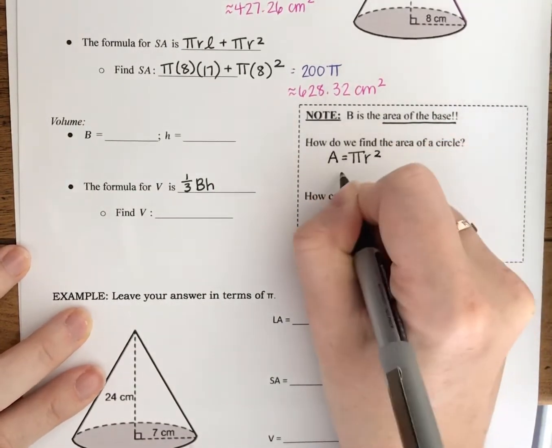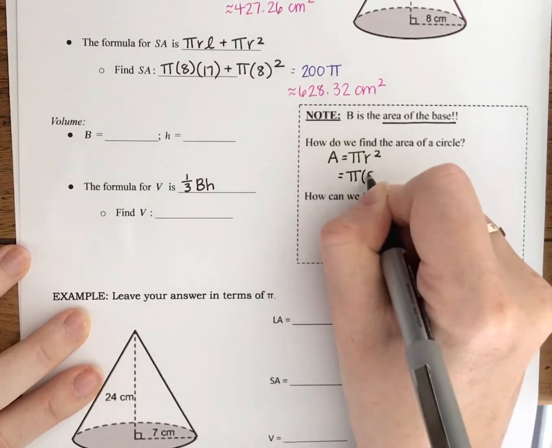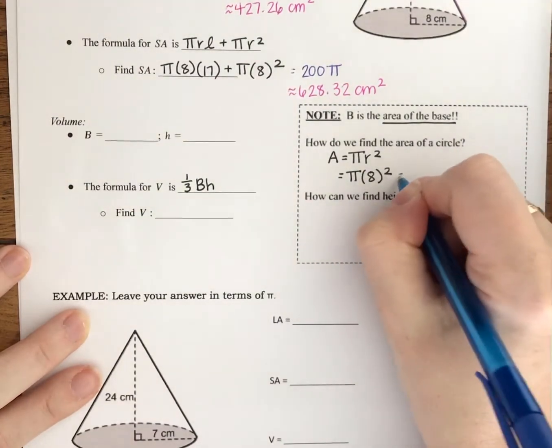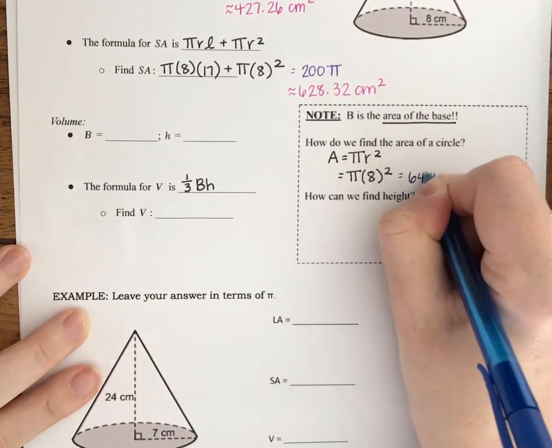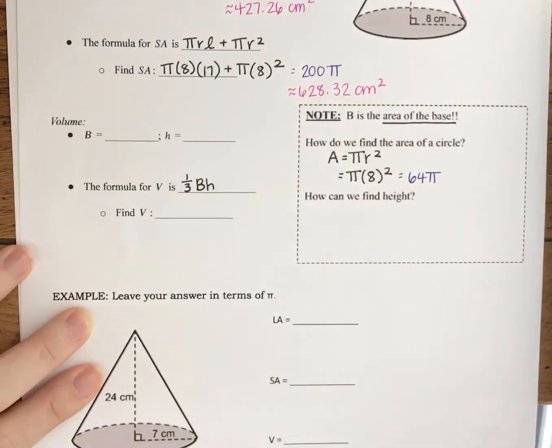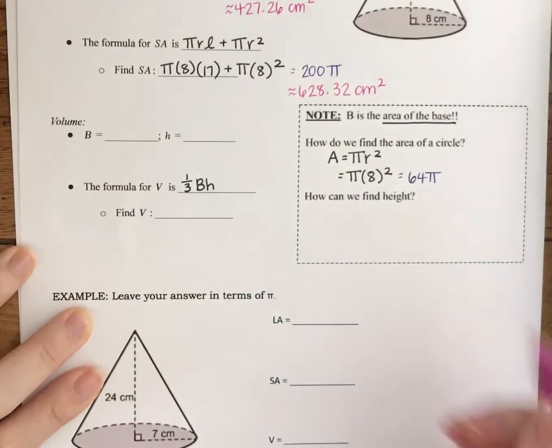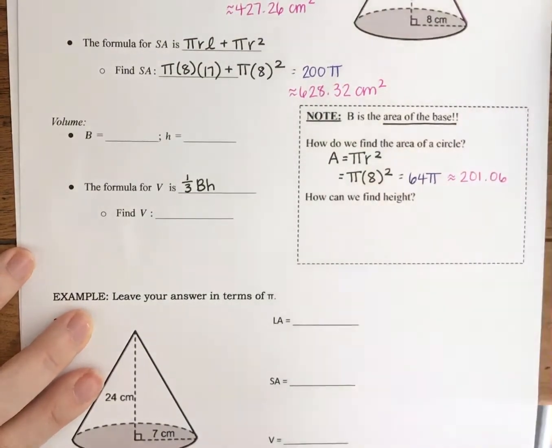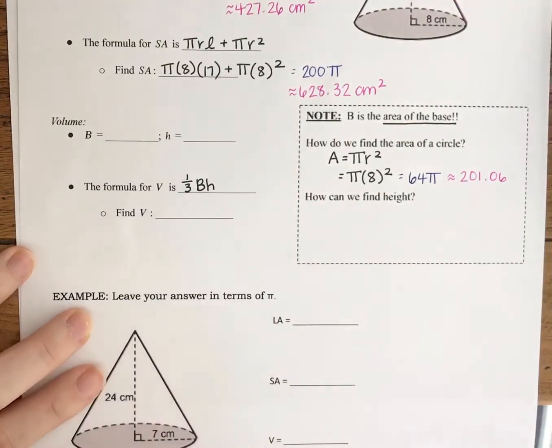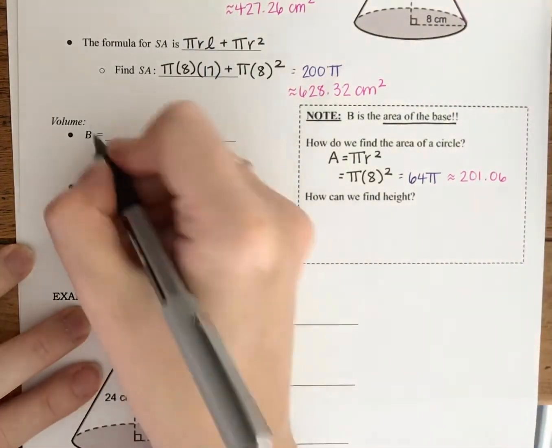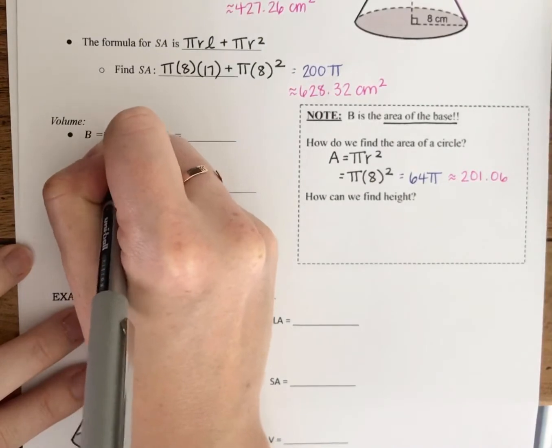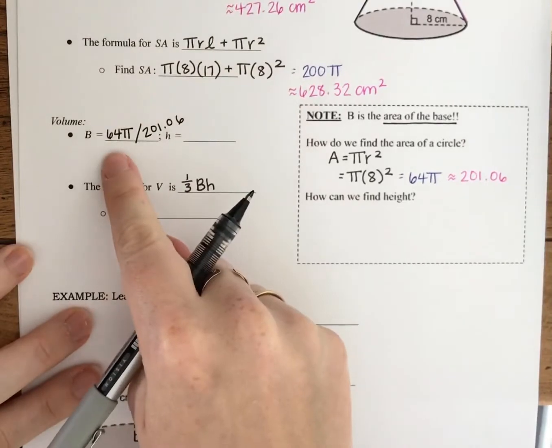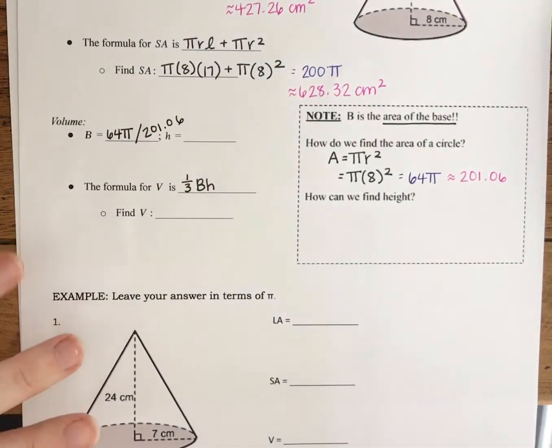My radius is still 8, so it would be pi times 8 squared, which is either 64 pi, or if I round to the nearest hundredth, approximately 201.06. So my area of the base is either 64 pi or 201.06, depending on if you're doing it in terms of pi or rounded to the nearest hundredth, okay?